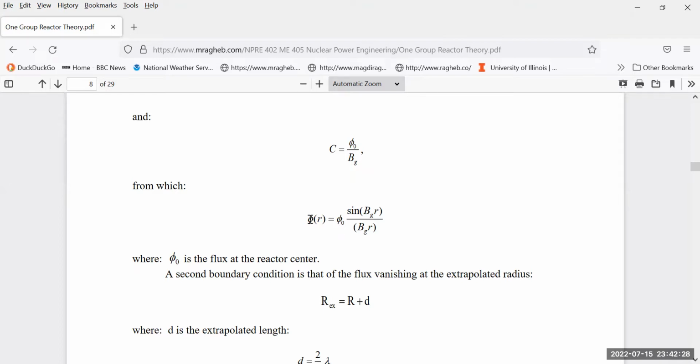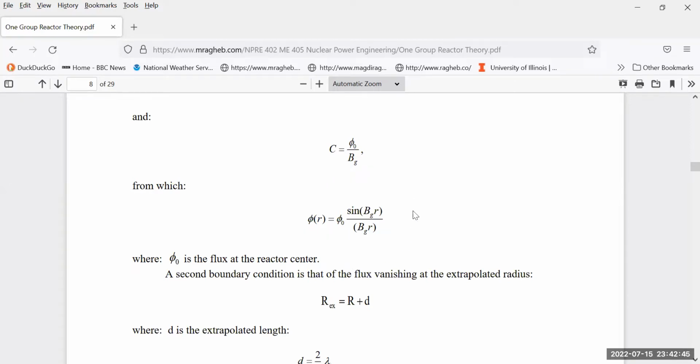Notice that we are trying to solve for the neutron flux. It's the same as solving for the temperature, or for the voltage in other applications. It's a scalar quantity. It has no vectorial properties in general.